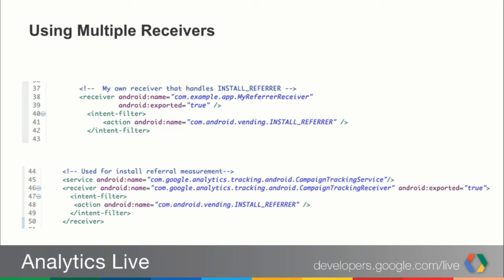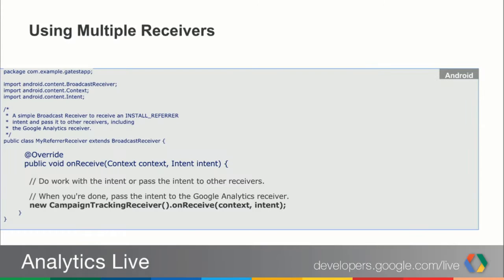So the solution for this is pretty straightforward. Sad face emoticon. You don't want to do this. What you want to do instead is take the receiver that you already had, and do whatever work you're going to do with the install refer intent. And then at the end, as soon as you're done with all the other work, you can just instantiate the Google campaign tracking receiver.